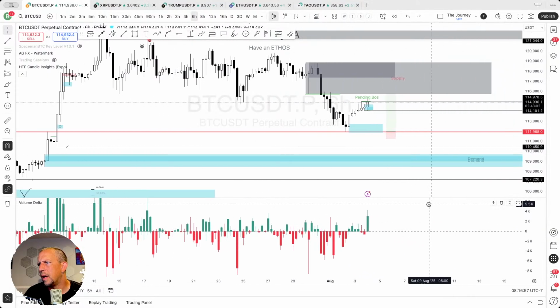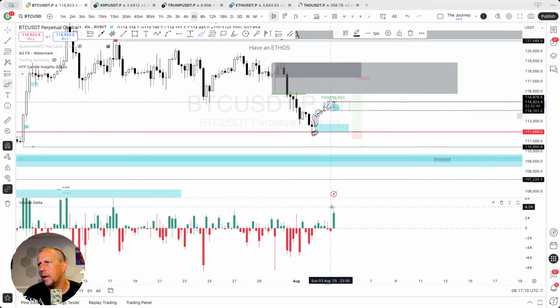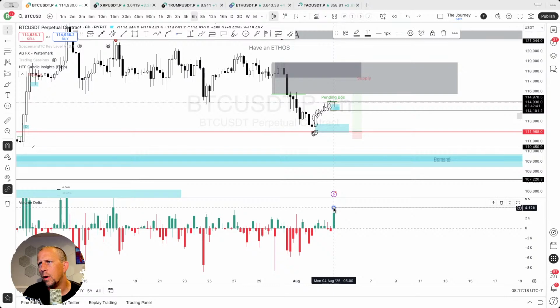But I look at this and I go, okay, we hit the prior all-time high. We had a fairly bullish candle. Nothing but bullish candles to follow that. But this candle here on market open today contains more positive volume than all the other candles. That's the other thing I like about volume delta, it actually gives you the volume.